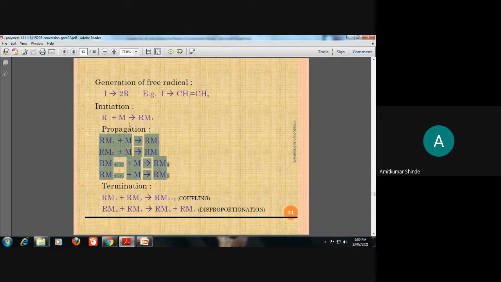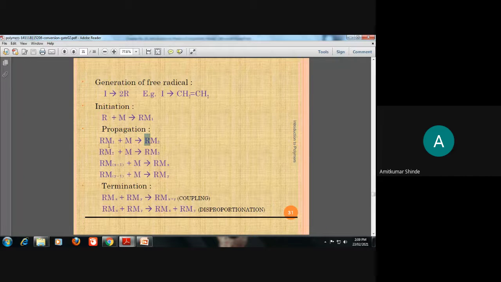In the initiation stage, one monomer will combine with the free radical. This free radical will just act as an accelerator, helping to join the monomers. With the help of this free radical element, a number of monomers will join with each other.